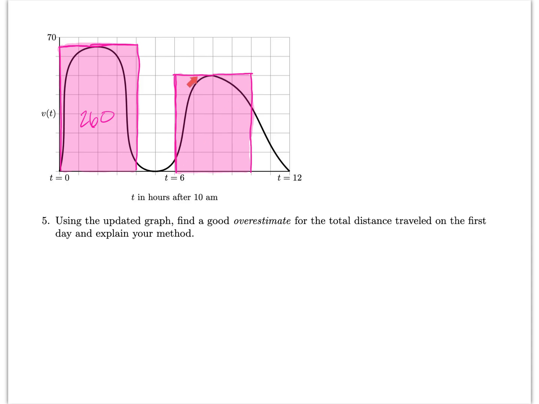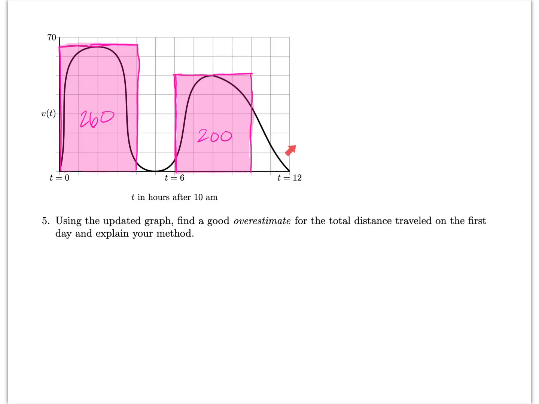There's a bunch over here and a bunch here that I'm counting as part of the area of the rectangle that is not under the curve. And it's much more than these two little chunks that I ignored before. So I'm not gonna draw a rectangle here. I'm just gonna say this more than covers it. And this is 1, 2, 3, 4 units across and 10, 20, 30, 40, 50 units up. So this is 4 by 50, which is 200.